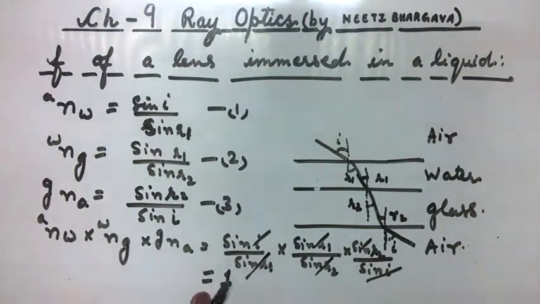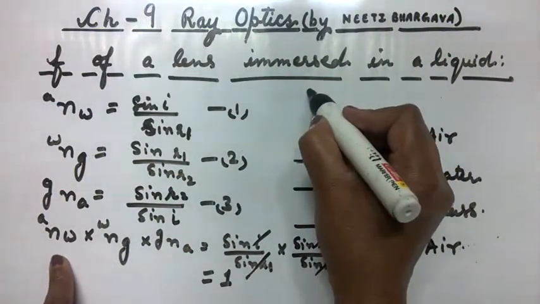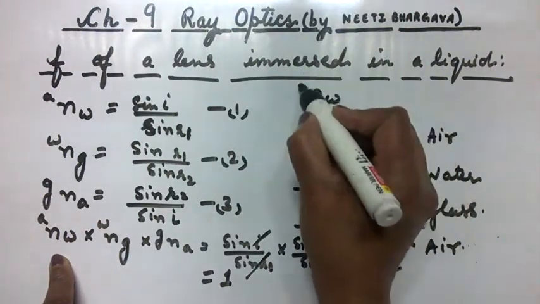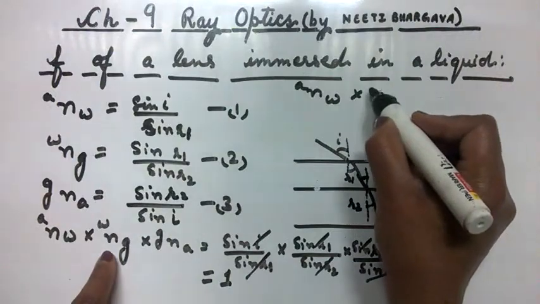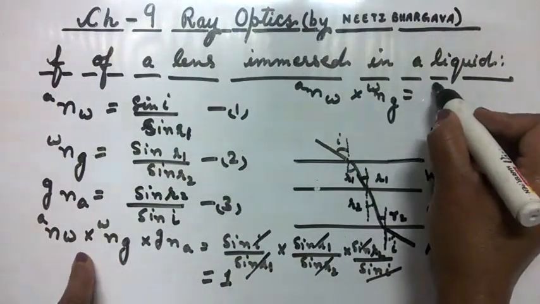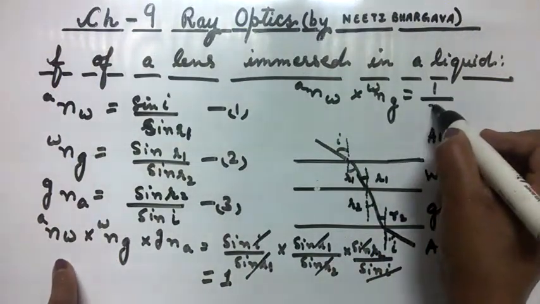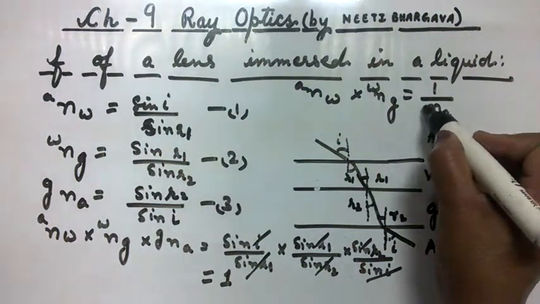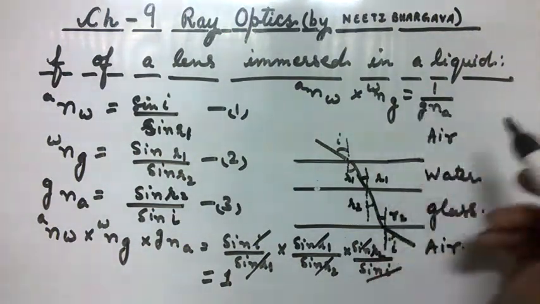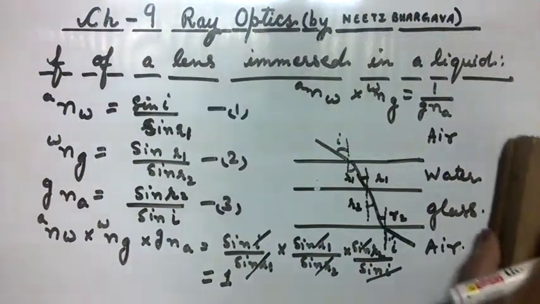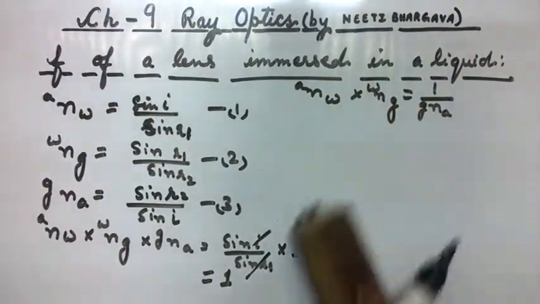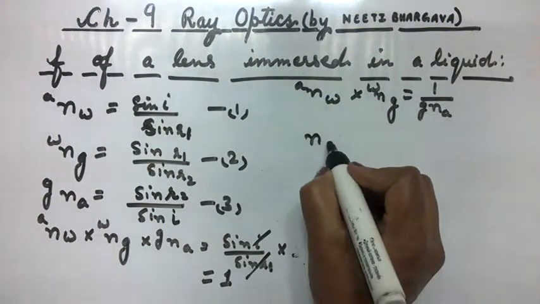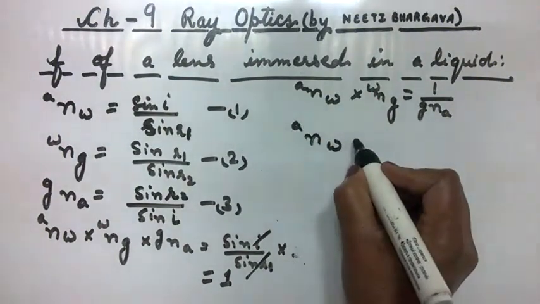Thus we can write that the refractive index of water with respect to air into the refractive index of glass with respect to water is equal to 1 by the refractive index of air with respect to glass, which equals the refractive index of glass with respect to air.